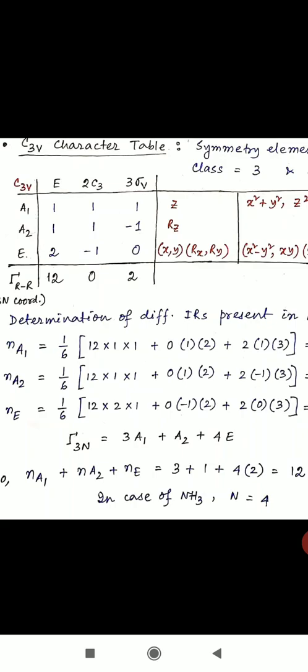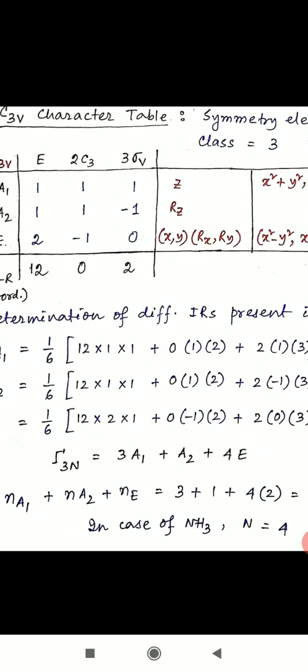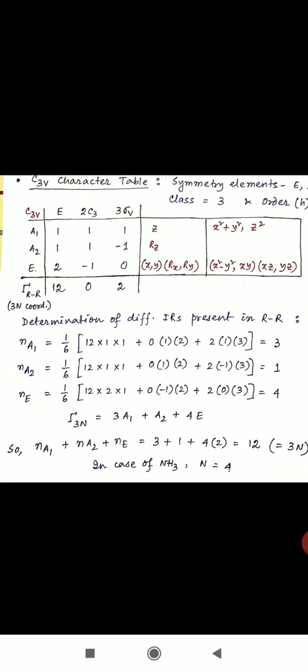Then with respect to E and A1, the number is 1, and E is only 1 unit, so that's why 1, plus the reducible representation in case of 2C3, that is 0. A1 and 2C3, that is 1, and C3 is 2 units, so 0 into 1 into 2. The next should be 2 into 1 into 3, so that comes to 3.